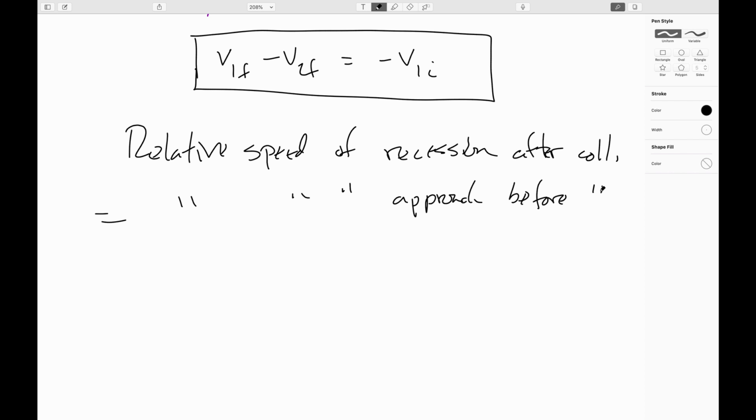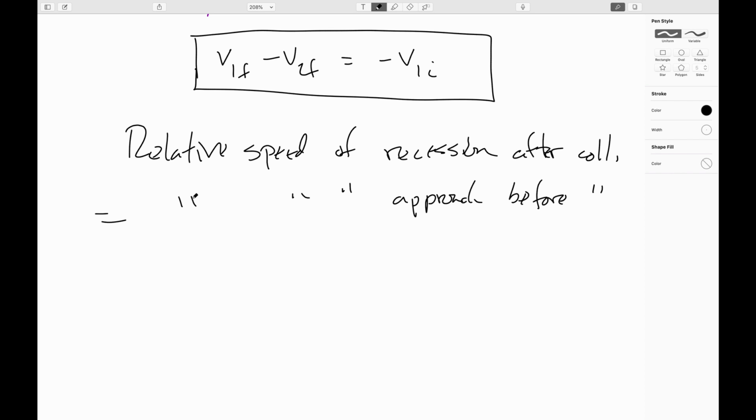And this is because usually, getting one of these final velocities is a little ugly. So once you get the one, you can use this to say, oh, hey, if the object coming in is coming in at 100 meters per second, and we find that afterwards object 2 goes flying off at 25, well, then the other one better be doing 75 the other way, right? That's the idea.